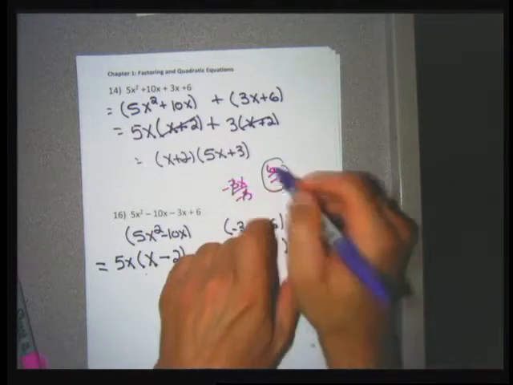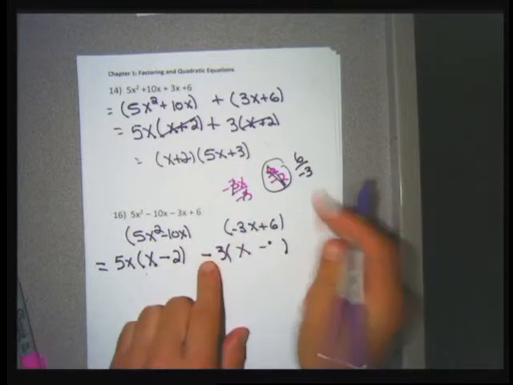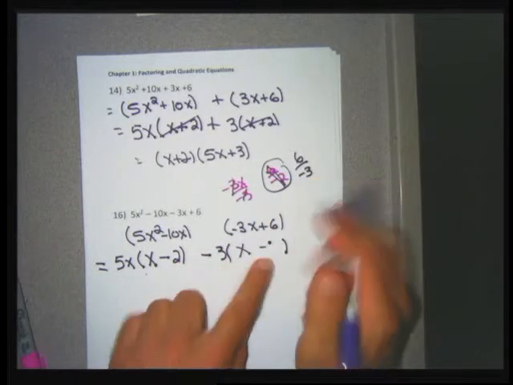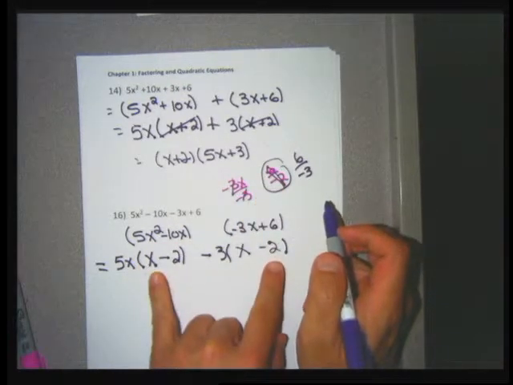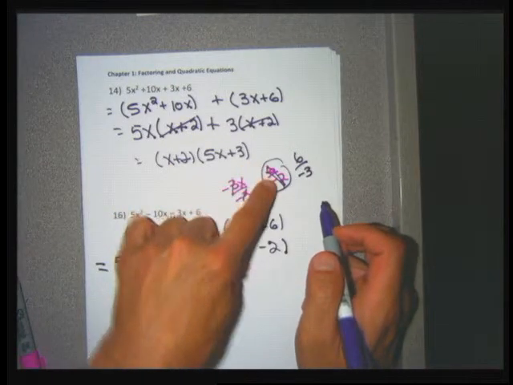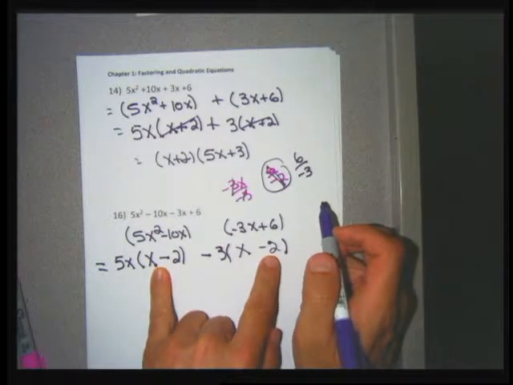I don't know why I decided to write 2. I'm supposed to go 6 over -3 because I factored out a -3. I need to divide by -3, and I should have written -2 here. If this would have come out to -3, then the parentheses wouldn't have matched up, and I knew I would. That's how I knew I was getting a mistake, because I was getting ready to go 6 over -2 is -3, and I didn't have two identical parentheses, which means I knew I made a mistake.